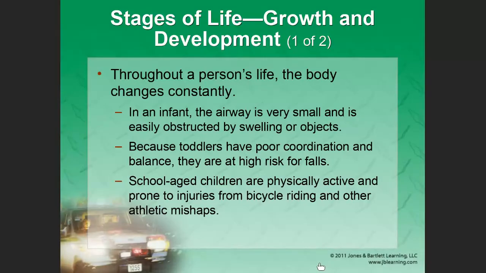Because toddlers have poor coordination, and they are top heavy, they will lose their balance and fall, and because they are top heavy, they will always go down head first. School-age children are physically active and prone to injuries, not this generation, right? So the school-age children now, not that active.